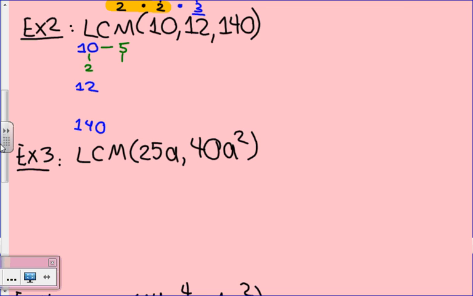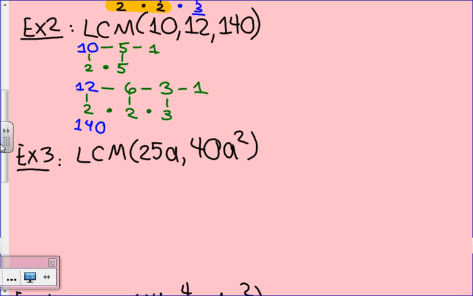And divide by 5, and we are done. So it's just 2 times 5. 12, we start with 2, and we get to 6. We can divide by 2 again, we get to 3. And divide by 3, and we are done. So 2 times 2 times 3.